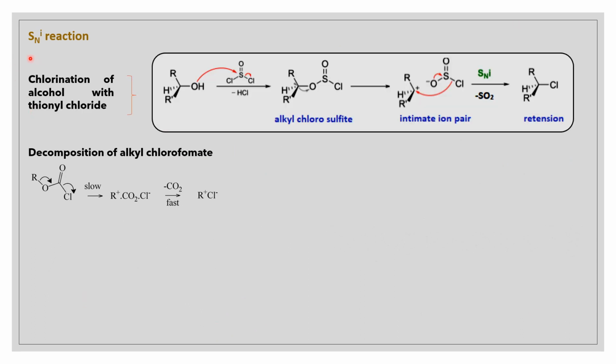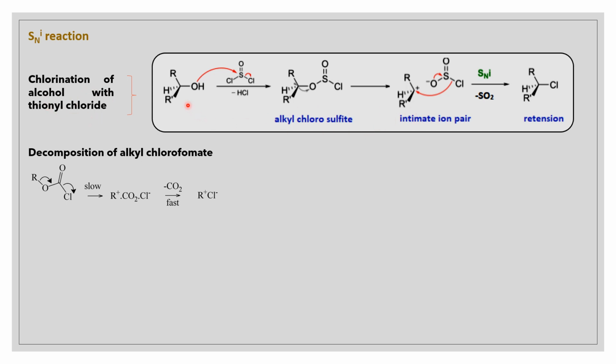Now coming to the third type of nucleophilic substitution on saturated carbon, it is abbreviated as SNi reaction. The i stands for internal, that is, substitution nucleophilic internal. You have only a typical example for this one. This is the only example that you can have for this type of reaction, which is chlorination of alcohol with thionyl chloride.